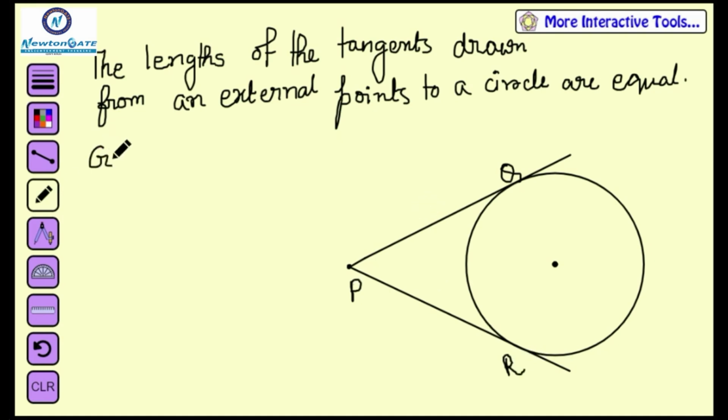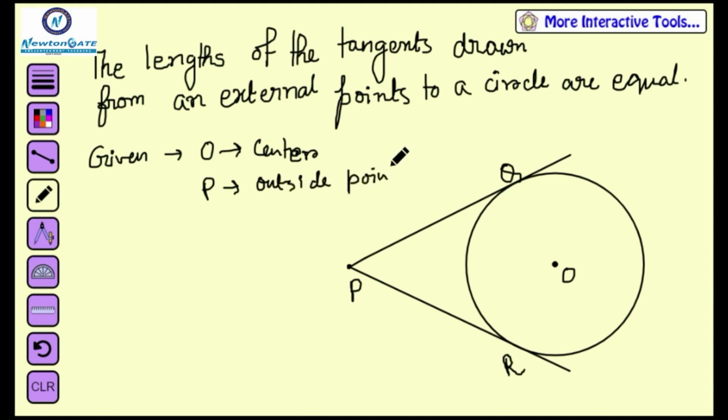So here it is given that O is the center, P is a point outside the circle, and PQ and PR are the tangents.